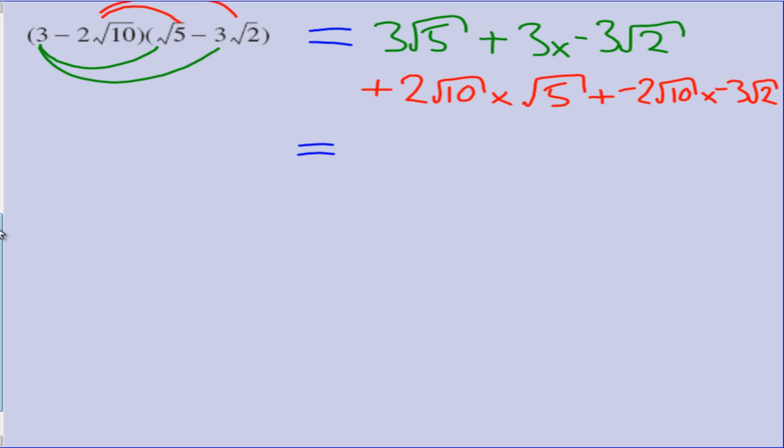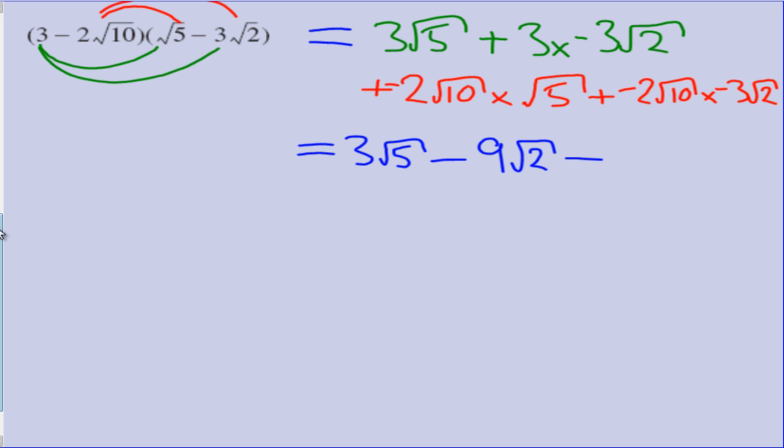Okay, let's start simplifying. 3 root 5 can stay as 3 root 5. Now we have 3 times negative 3 root 2. So a positive times a negative is going to give us a negative. 3 times 3 is 9, and the square root of 2 stays the square root of 2. Plus, now that should have been a negative in there, which means we have a negative times a positive, so we're going to have a negative here.